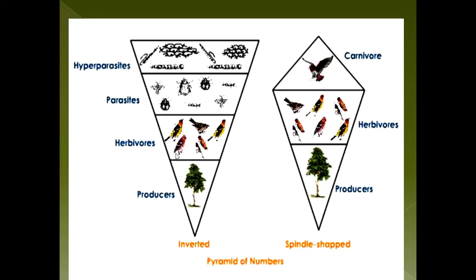So inverted pyramid. On these birds there are several parasites, ectoparasites living on their body surface and feeding on their skin cells and blood. So that is the next trophic level. We can call these parasites the secondary consumers.